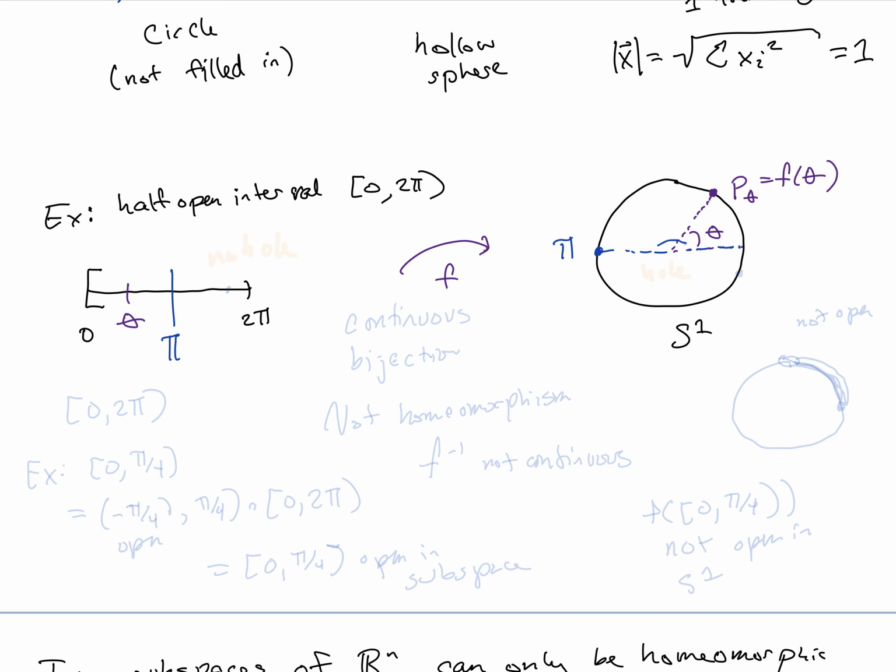So this is an angle of pi. This is clearly going to be a continuous function, and it's also going to be a bijection. So for every point here, there is a point here.